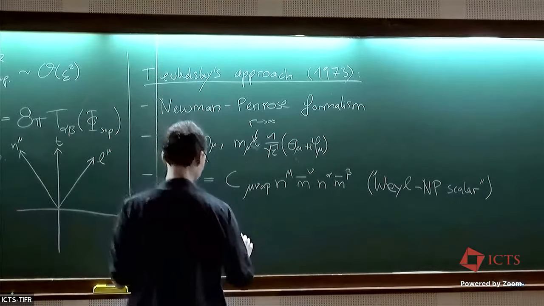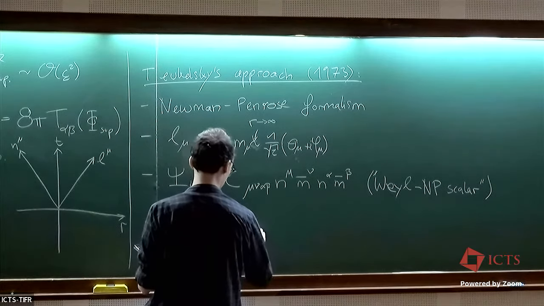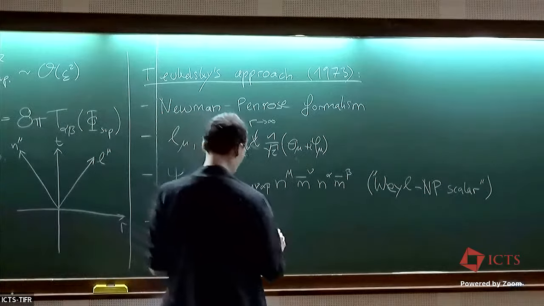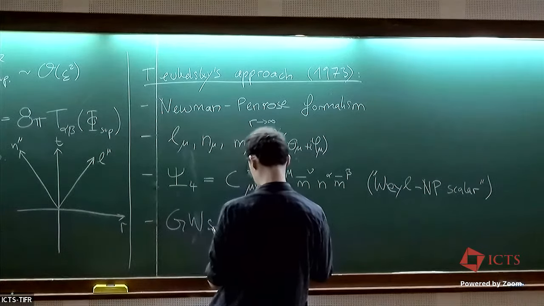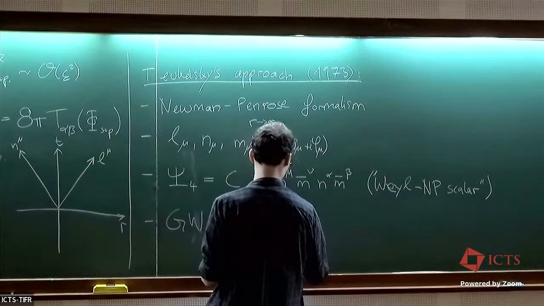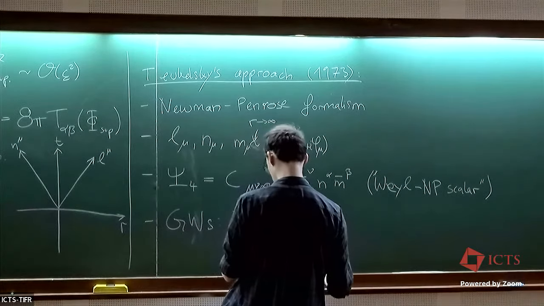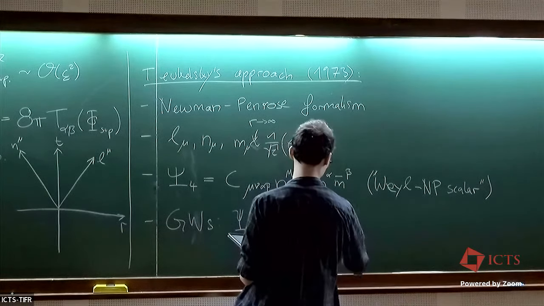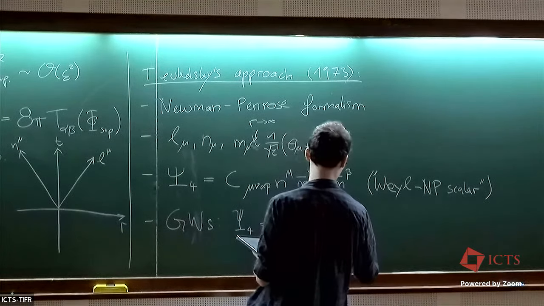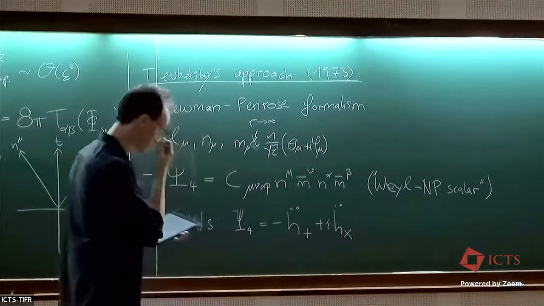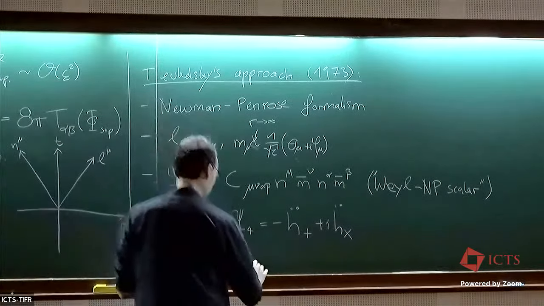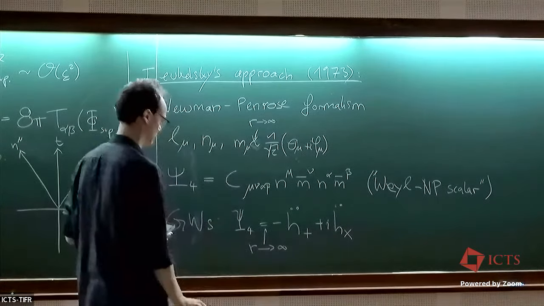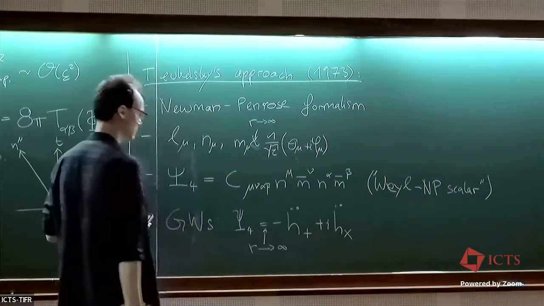So basically, psi 4, which is some complex scalar, is, depending on conventions, the second time derivative of the plus polarization plus i times the second time derivative of the cross polarization. Okay?